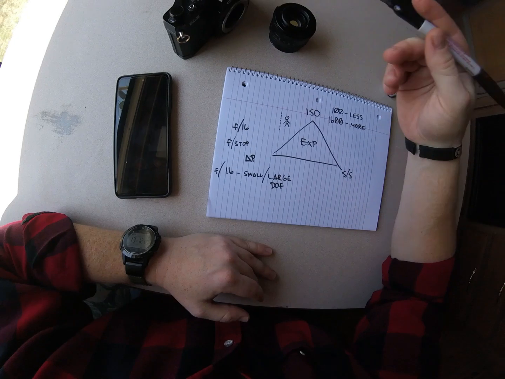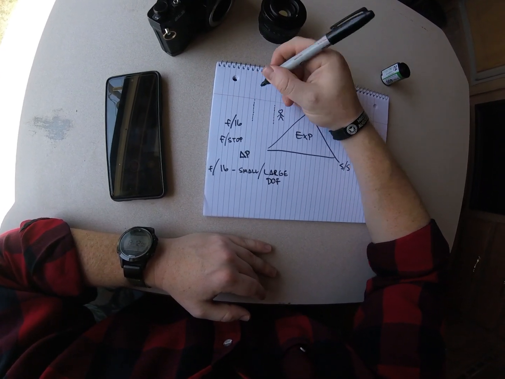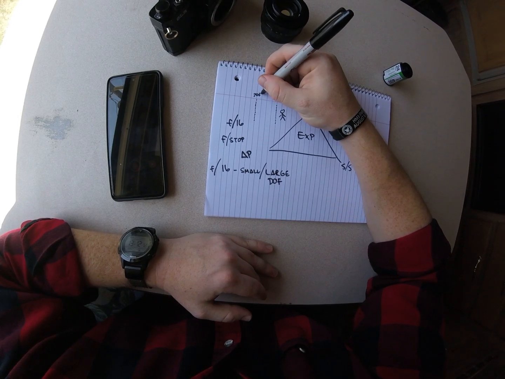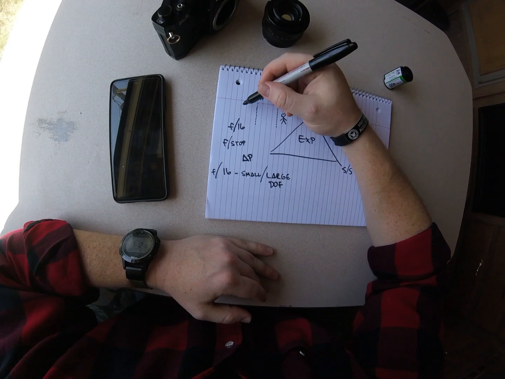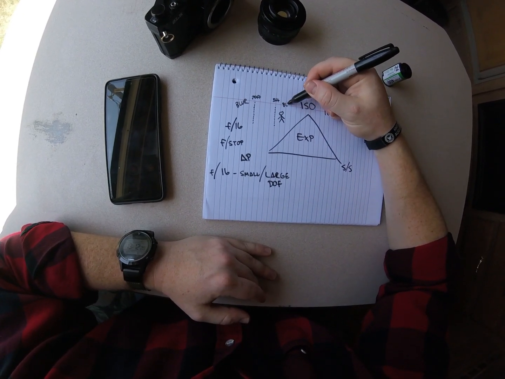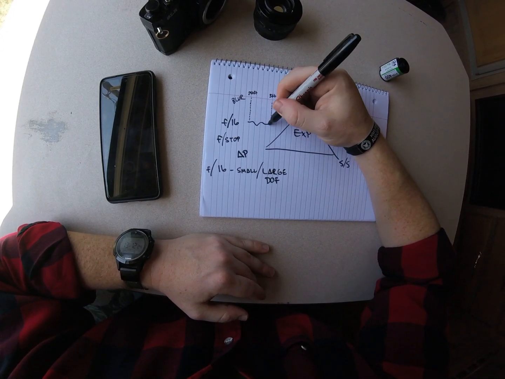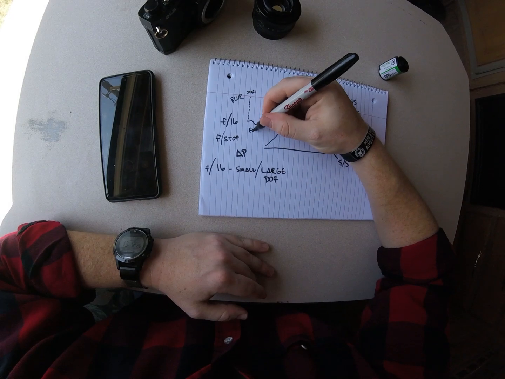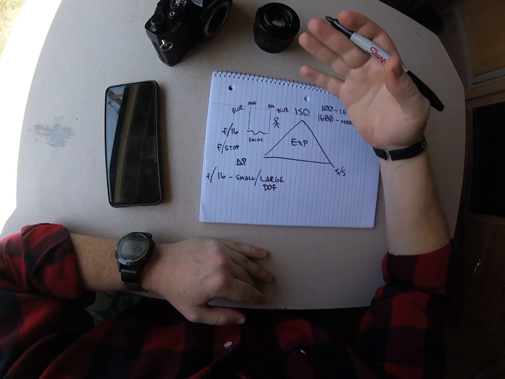And let's say the furthest that that zone covers is 20 feet. So anything past 20 feet will also be blurry. So everything within this will be in focus. And of course that changes with that aperture.